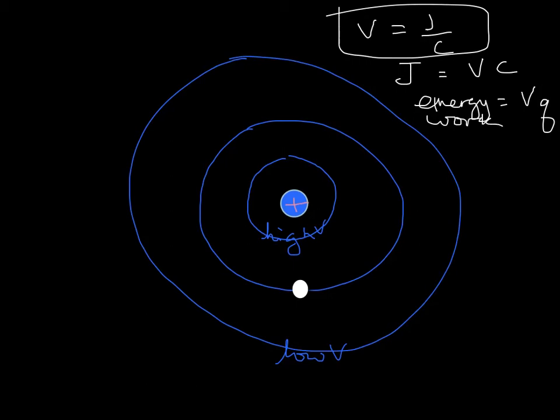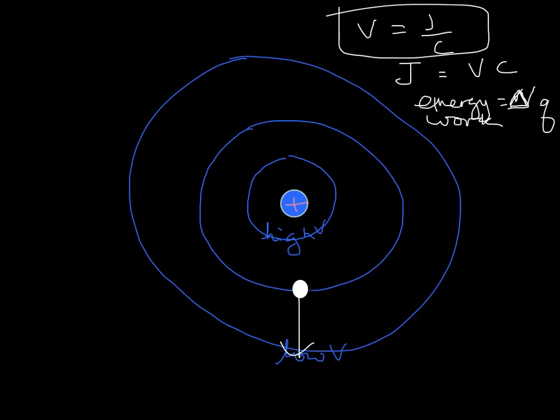So this is your change in energy, is your change in volts multiplied by the charge. If I'm going from high to low, then I'm going to lose potential energy. I'm going to gain kinetic energy, but I'm going to lose potential energy. So that's what equipotential lines are.